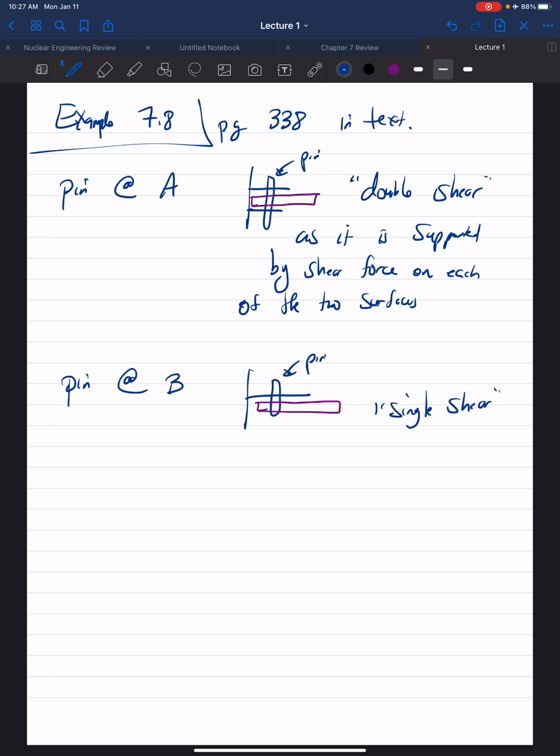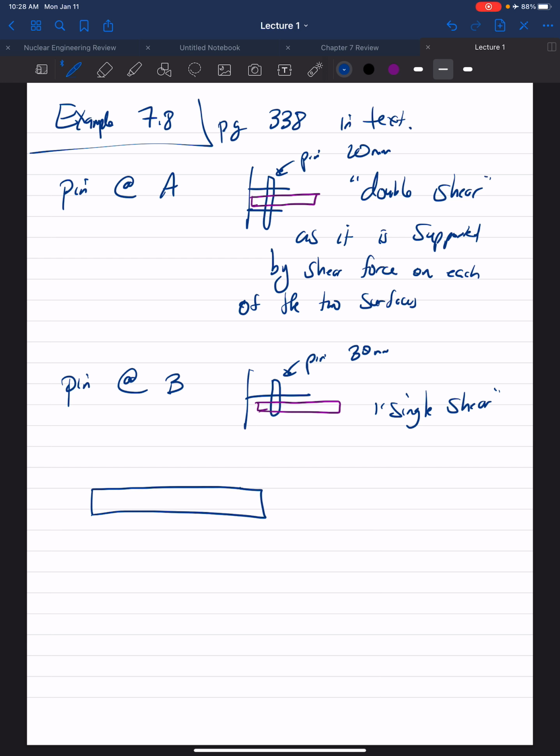Okay. So the problem says determine the average shear stress in the 20 millimeter pin at A and the 30 millimeter pin at B. So let's begin our work.